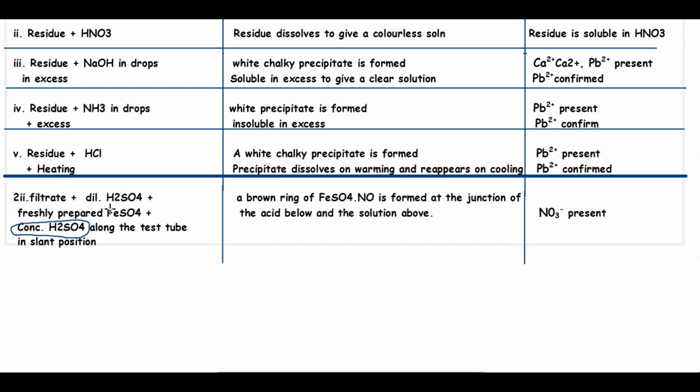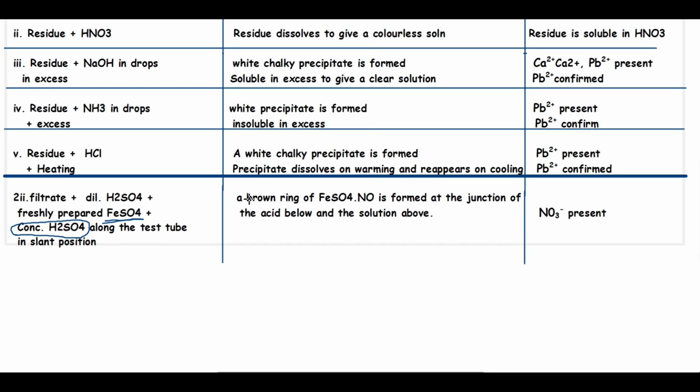So the filtrate plus dilute H2SO4 plus the freshly prepared iron(II) sulfate, which is the one you used in your quantitative analysis. All right, and then when you add it, you tilt the test tube in a slant position, and then you add concentrated sulfuric acid in drops.